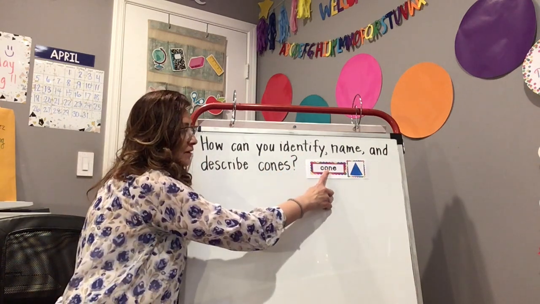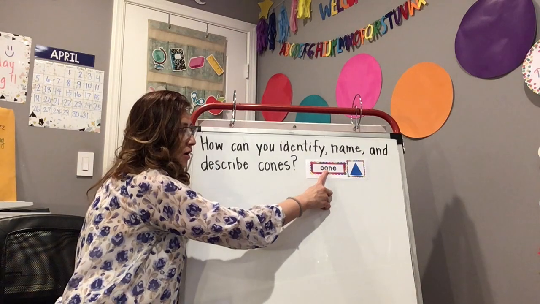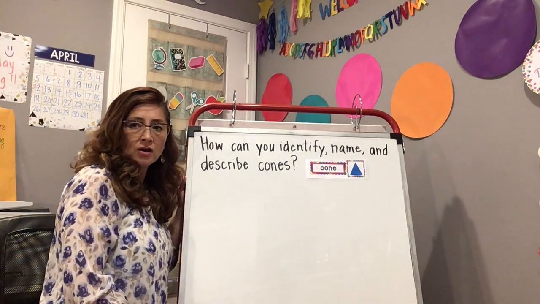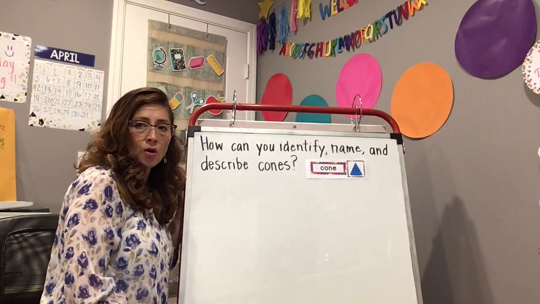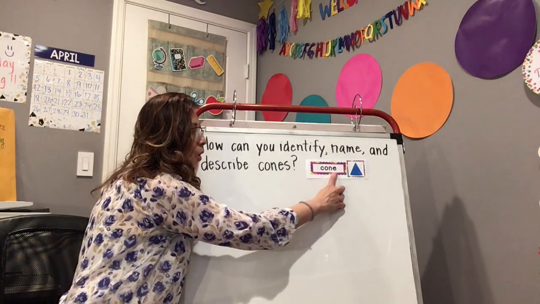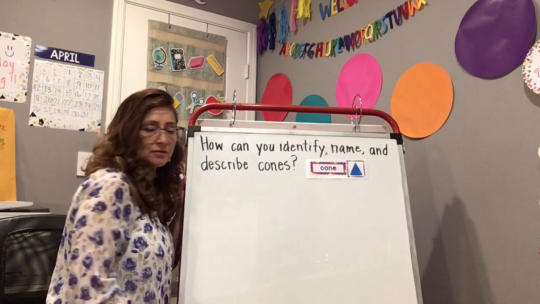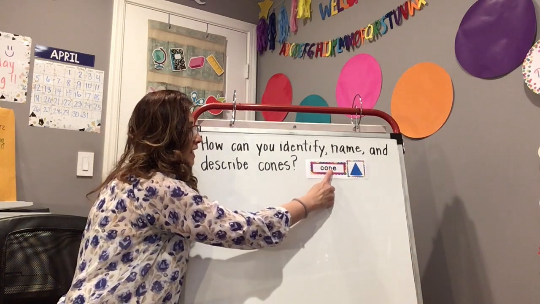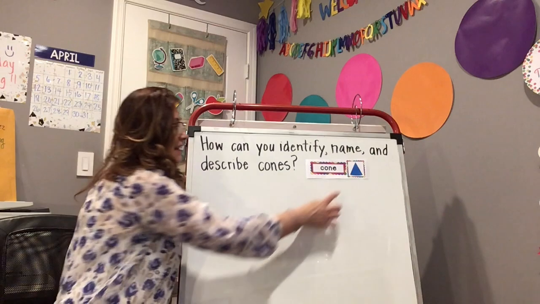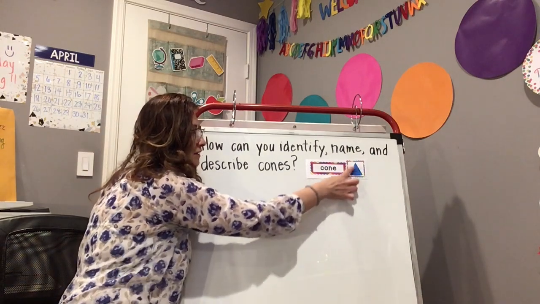So a long O says O. So this word is cone. Can you say that word with me? Cone. Let's spell it together. Ready? C-O-N-E. Good job. And I have a picture of a cone here.